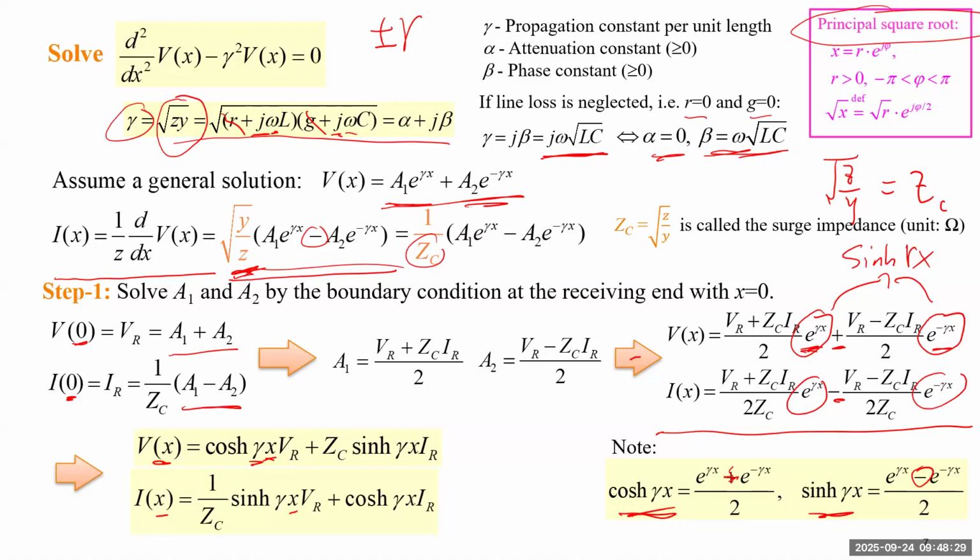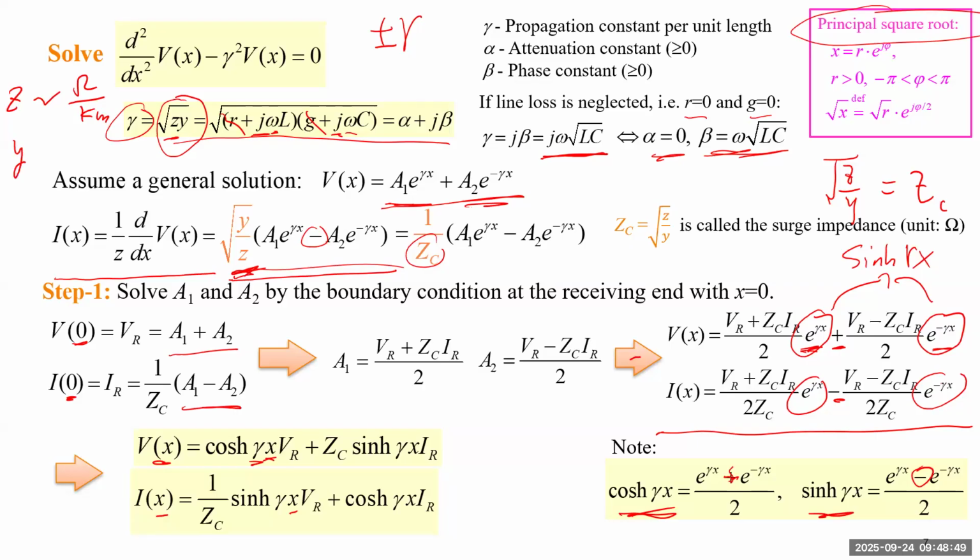So what's the unit of gamma? The lowercase z has the unit ohm; if we use kilometers, it will be ohm per kilometer.